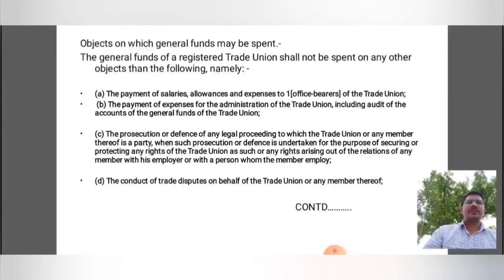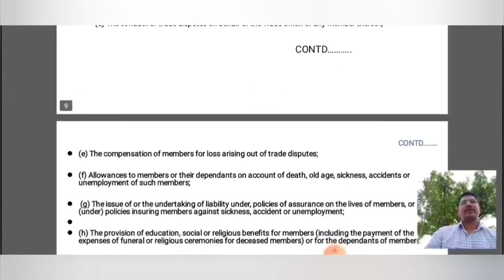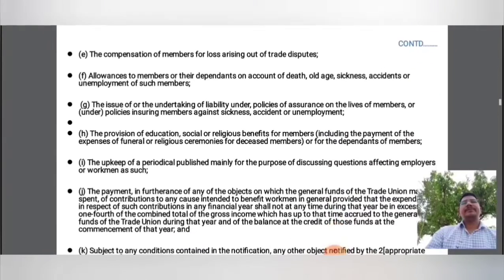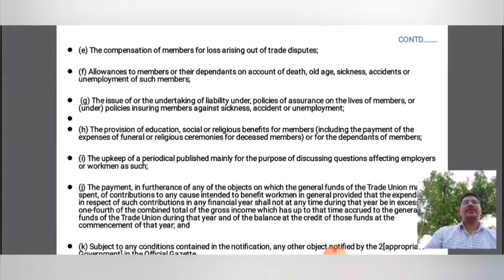Next, the conduct of trade disputes on behalf of the trade union or any member thereof. To understand the next part, the compensation of members for loss arising out of trade disputes.